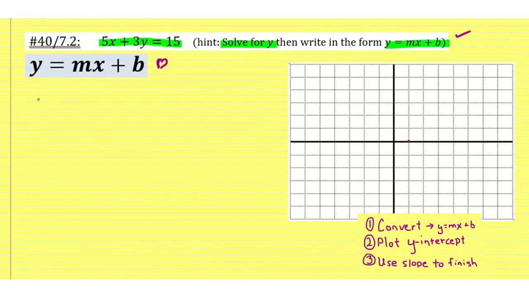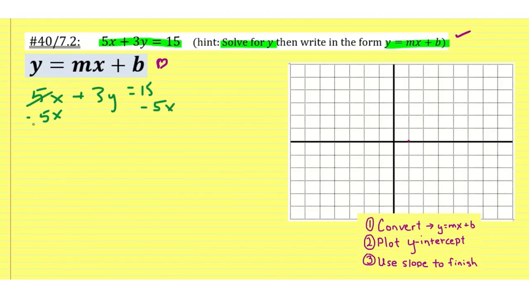So the first thing I need to do here is 5x plus 3y is equal to 15. Order of operations says the first thing I need to get rid of is the 5x. So I'm going to do minus 5x on both sides of the equal sign. That keeps everything balanced and equal.